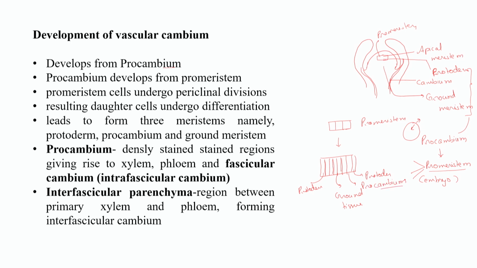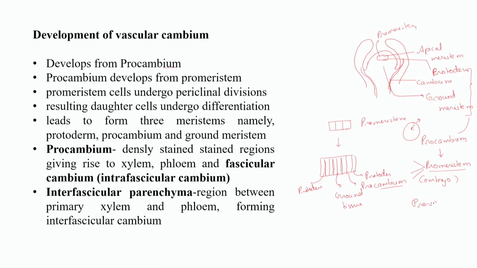Now, when we say procambium, there are several transition states also. When procambium is formed, it is not that it is just abruptly giving rise to tissues; there could be different transition states, and different names could also be there. Sometimes we call it provascular tissue, provascular or residual meristem.